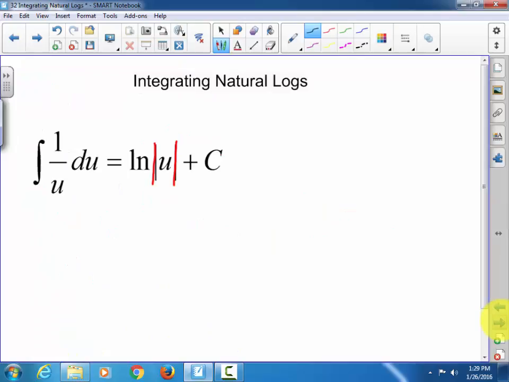So when you're looking at this, anytime you're integrating 1 over something, the antiderivative is the natural log of the absolute value of whatever the denominator is. Now, something that students get confused on. This is just something in the denominator to the first power. It's not something squared or cubed or to the 4th power.